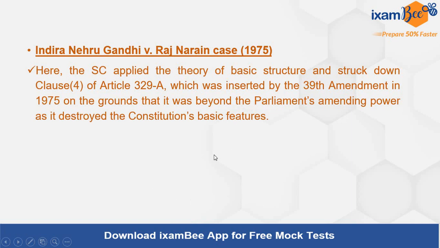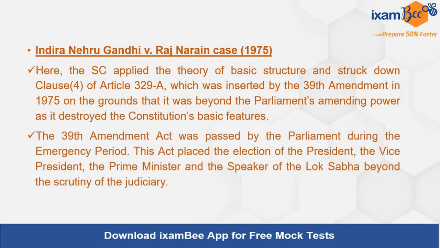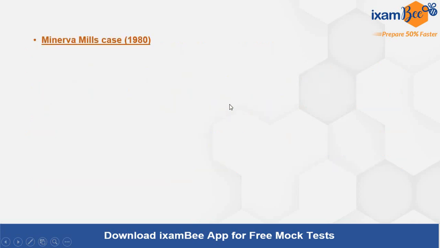So basic structure, basic features को आप अगर abrogate करते हैं, your act will become void and absolutely unconstitutional. The 39th Amendment Act was passed by the Parliament during the emergency period. So taking advantage of the emergency period, the Parliament had taken this decision. So this was curtailed down by the Supreme Court. So this is also very important.